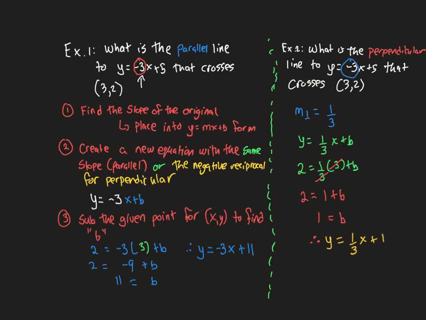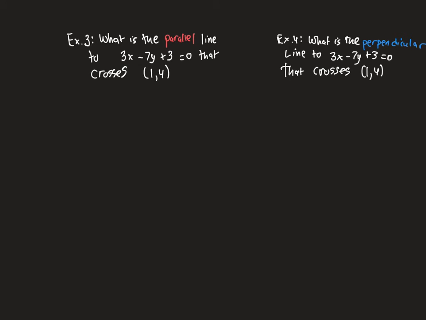So now I'm going to give you an example where we're going to have to actually do our first step here, which is in standard form. All right, so let's take a look at our final two examples here. So here we have what is the parallel line to 3x minus 7y plus 3 is equal to 0 that crosses 1, 4.